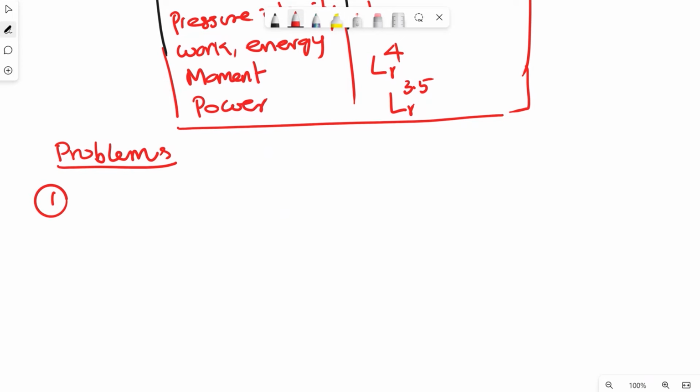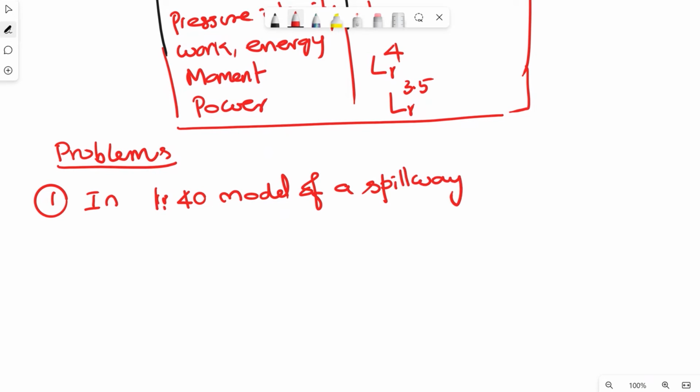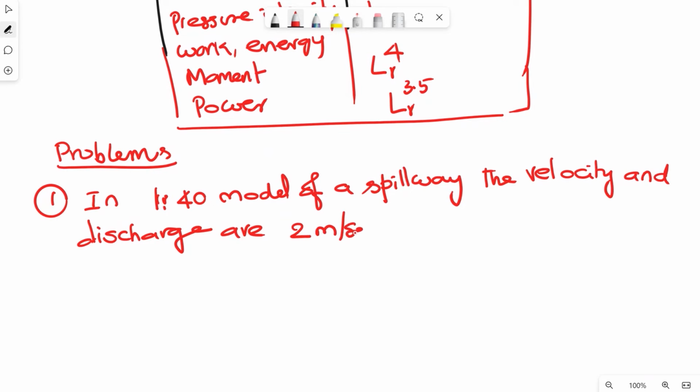For example, in a 1 is to 40 model of a spillway, the velocity and discharge are 2 meters per second and 2.5 meter cubed per second.